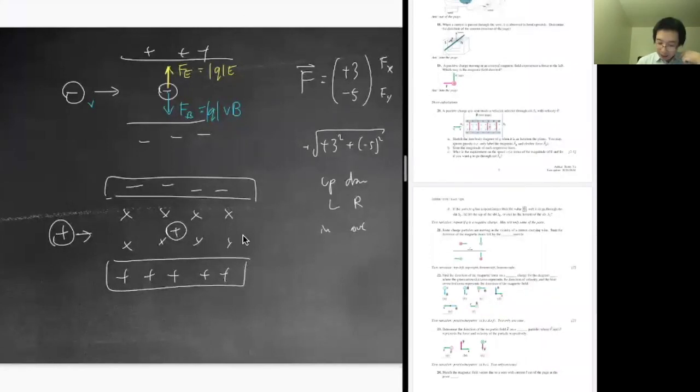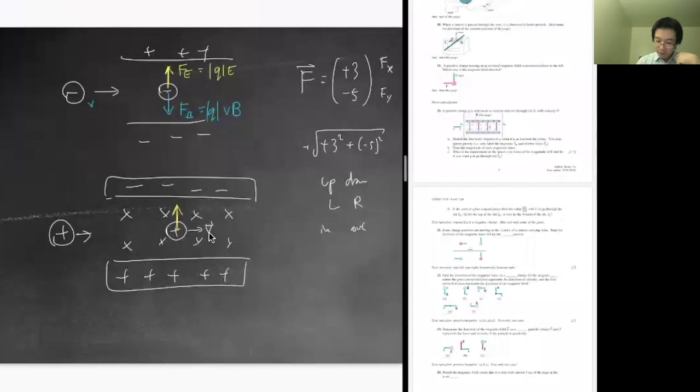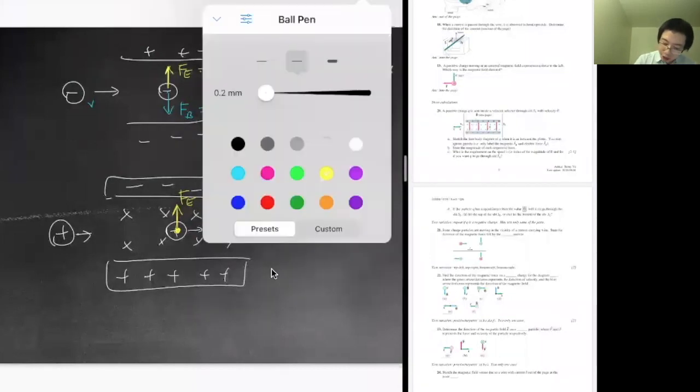So if it's moving this way, so this is the velocity, this time I'll do this quickly. Which way is the electric force? Well, the electric force is going to go this way. Remember, free body diagrams always start with drawing from the center of mass of the object. And then the magnetic force, this is the same as the first case, but just to double check, the current goes this way, the field goes in, so the magnetic force this time goes up. So you actually have a net force going up.